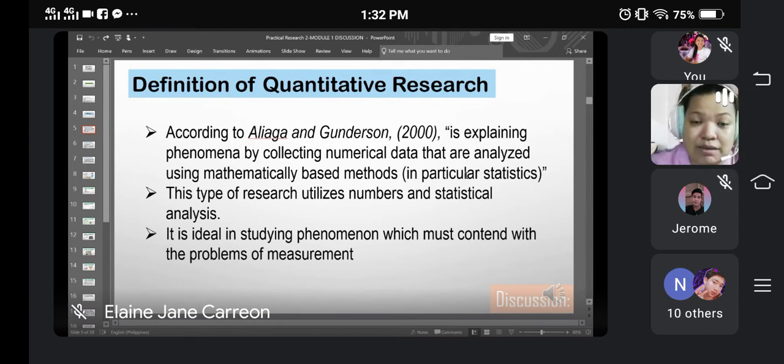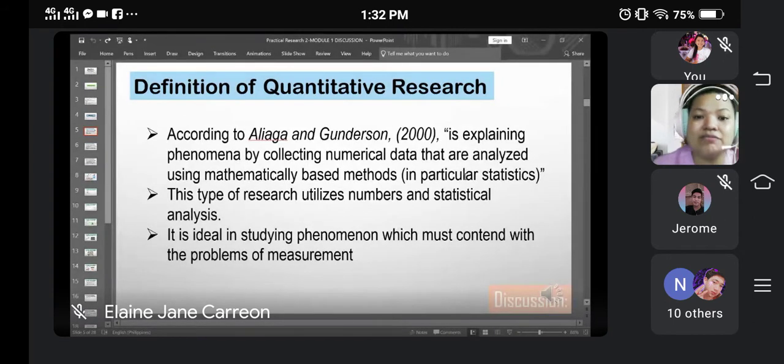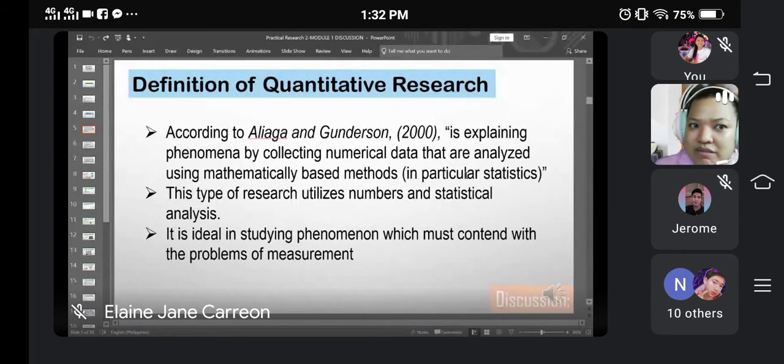This type of research utilizes numbers and statistical analysis. It is ideal in studying phenomenon which must contend with the problems of measurement. Ibig sabihin, quantitative research is all about numbers. It uses statistics, numbers, measurements in order to come up with a decision, in order for you to test your hypothesis, if you're going to accept or to reject your hypothesis.